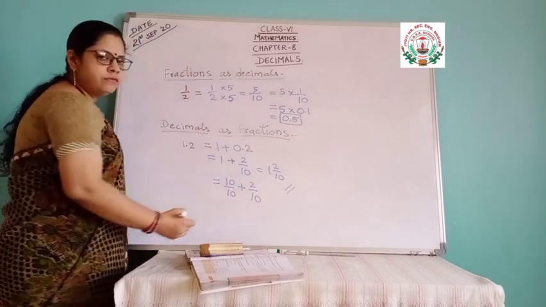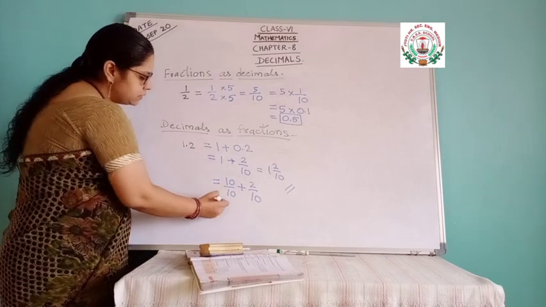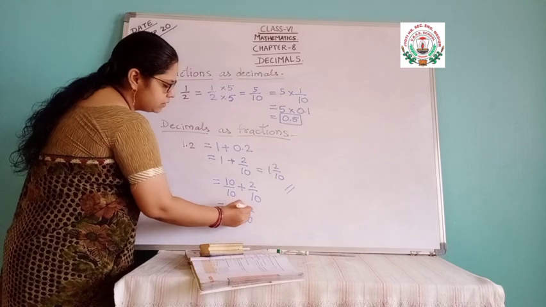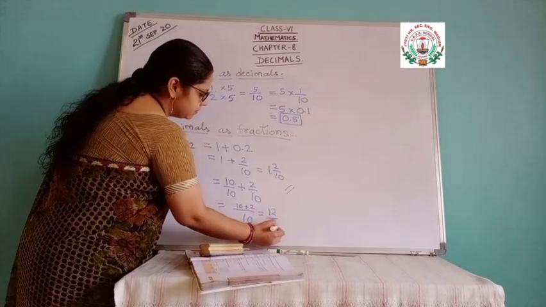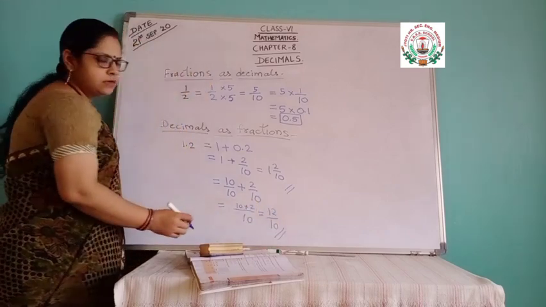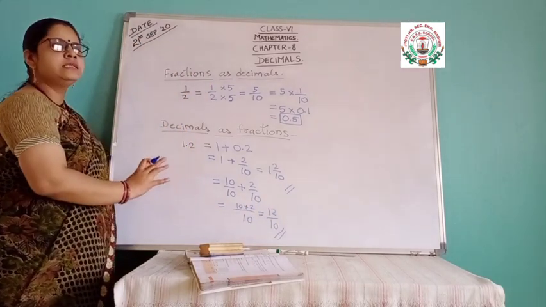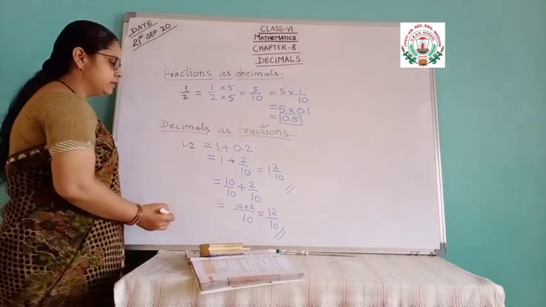Now, as we have studied in the fractions chapter, when the denominators are the same, only one time we write the denominator and the numerators are added. So it is 12 by 10. This is the answer, along with the steps of how you solve it. That is 12 by 10.